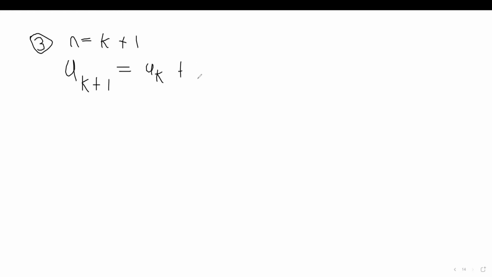In this case, n is k. So u_(k+1) is u_k plus k. But Marika, we already assumed something about u_k. We assumed that u_k was equal to (k squared minus k plus 6) over 2, plus k now.